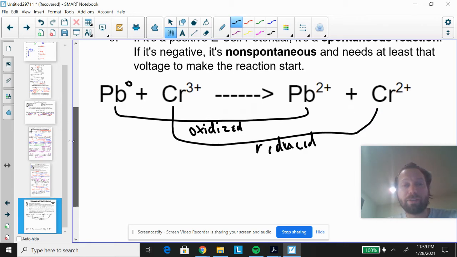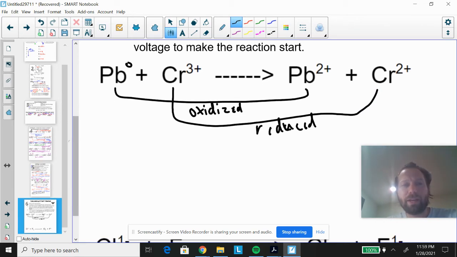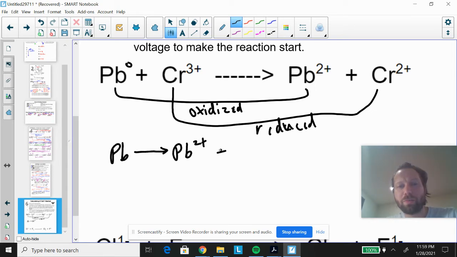And so we're going to write these half reactions. The lead half reaction is Pb, and it's losing, so it's going to be Pb2+ plus 2e-. And then this is the oxidizing half reaction.